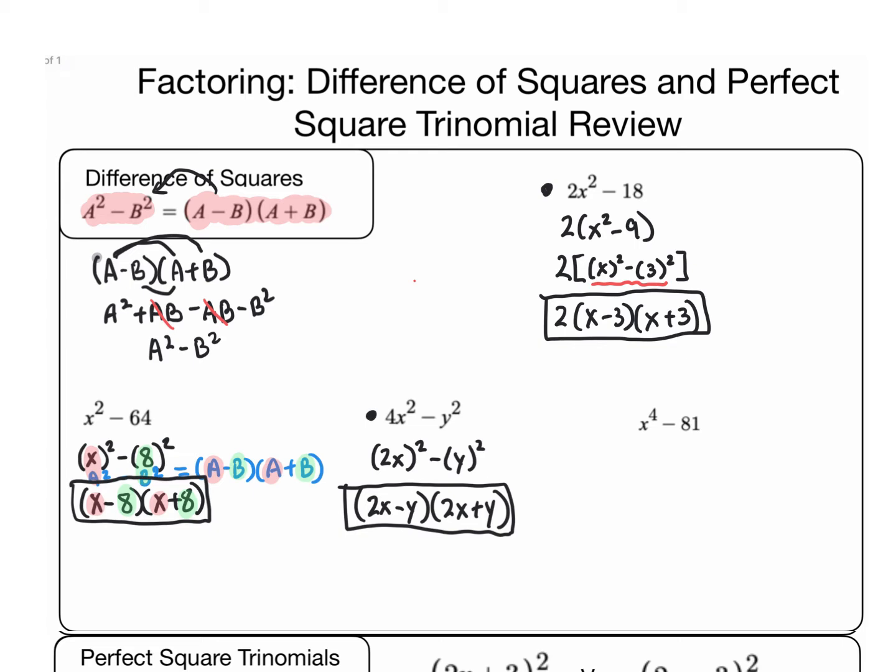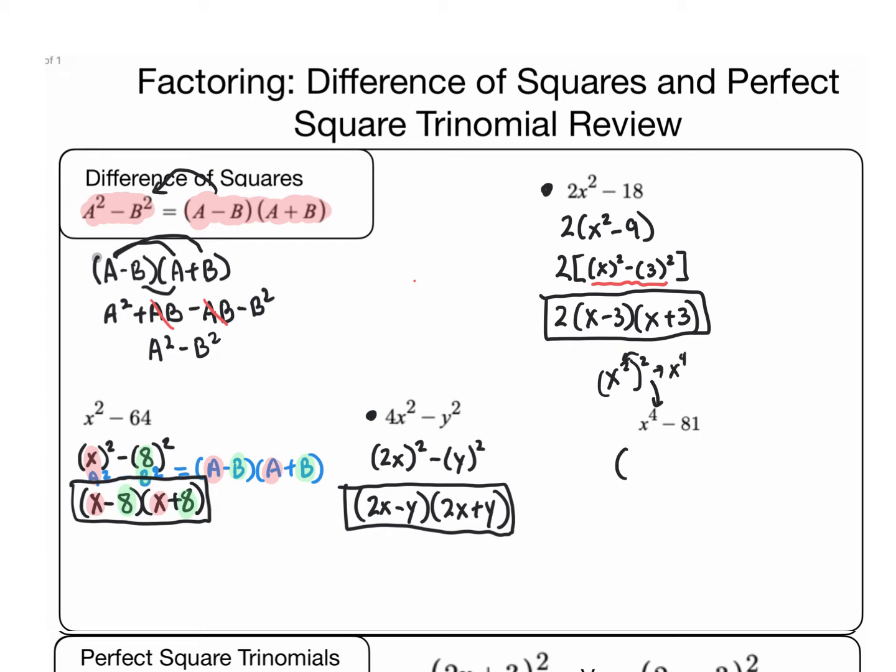Now, sometimes we have to get really creative, and this one is more of a challenge problem than anything. But as long as you can rewrite things as perfect squares, you can keep doing it. So let's see how this problem unfolds. Now, x to the fourth, we can be clever and rewrite as x squared squared, because we would multiply those two exponents and that would give us x to the fourth.